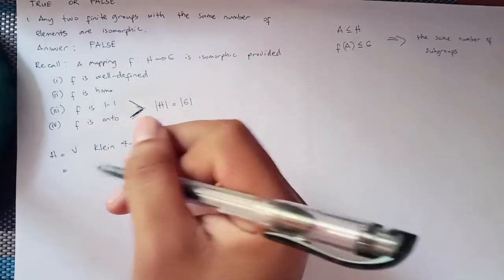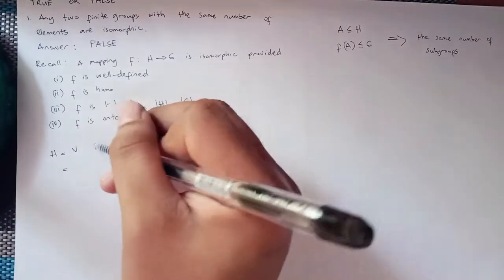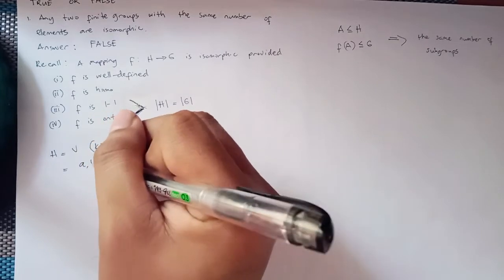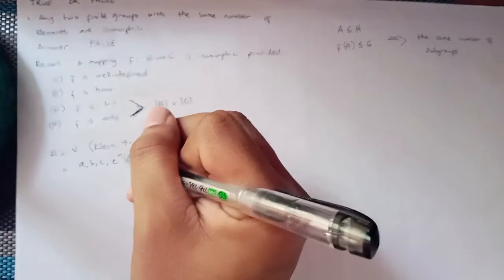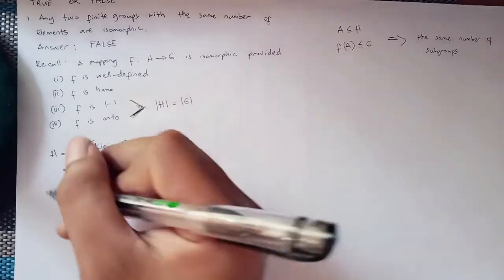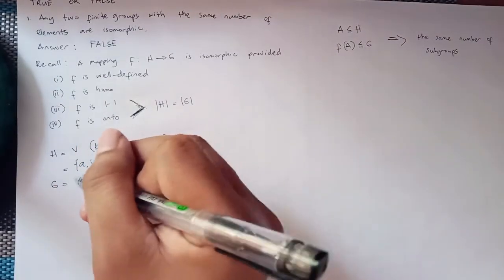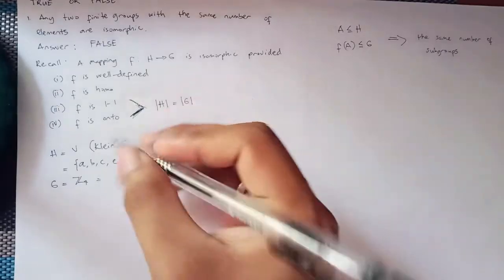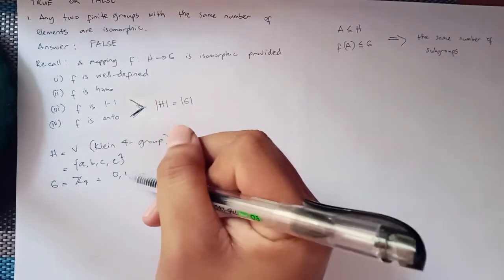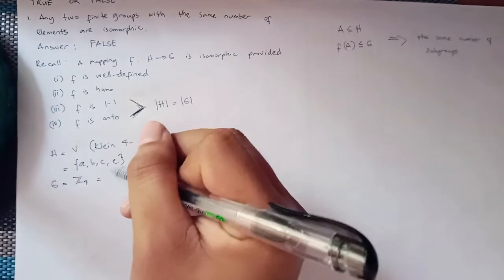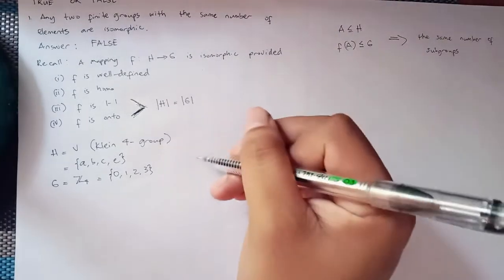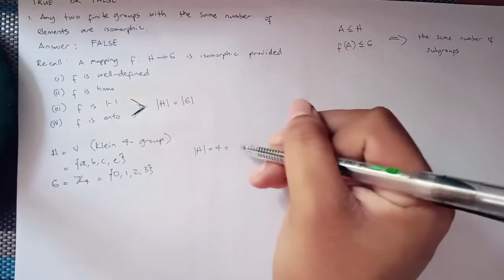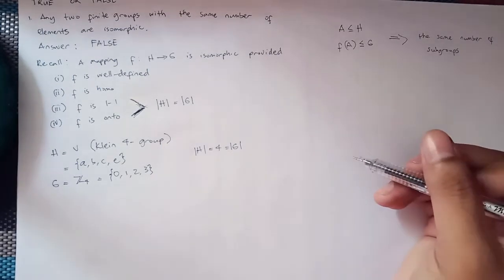So the Klein-four group, or V, has four elements, namely A, B, C, and E. And let us consider J as Z4. So Z4 also has four elements, 0, 1, 2, and 3. So as you can see, the cardinality of H and J are equal, which is 4.